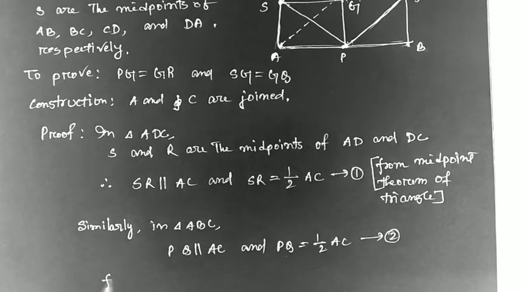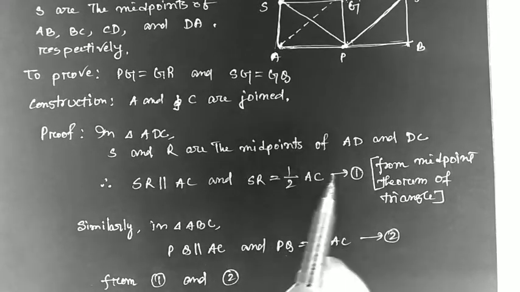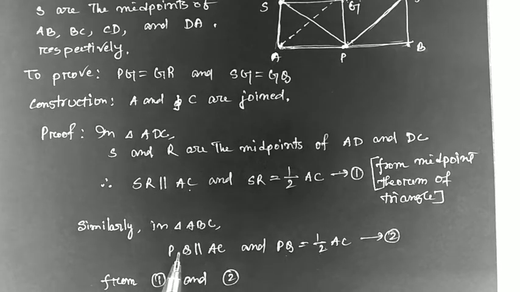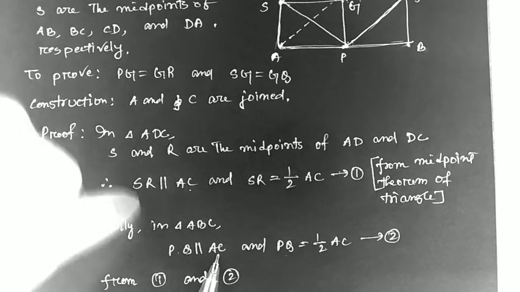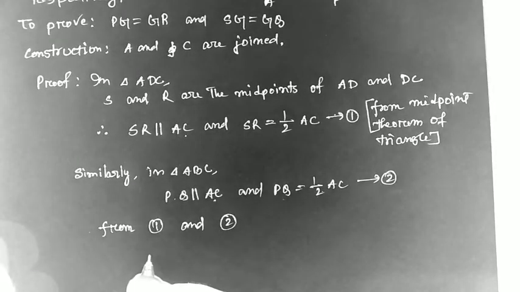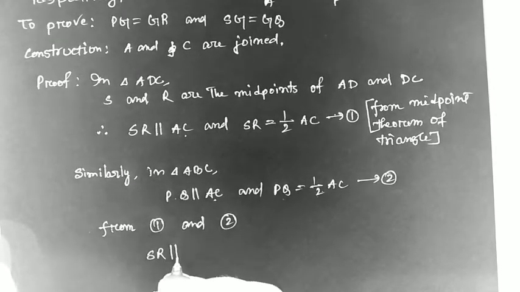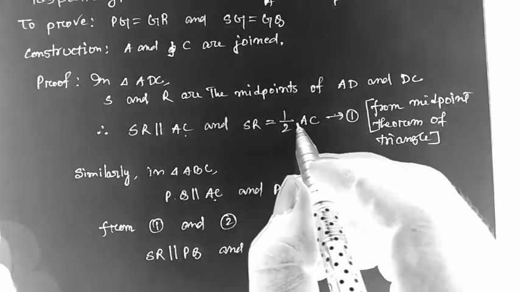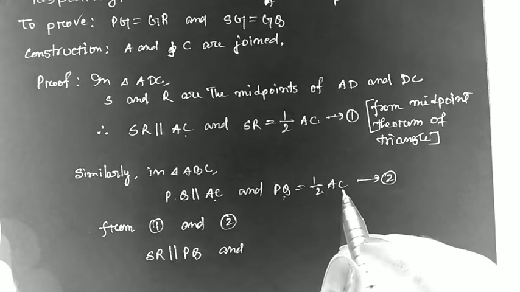From equations 1 and 2, what do we get? SR is parallel to AC, PQ is parallel to AC. Therefore SR and PQ are also parallel. Also SR is equal to half of AC and PQ is equal to half of AC.